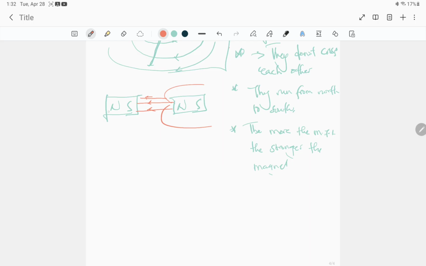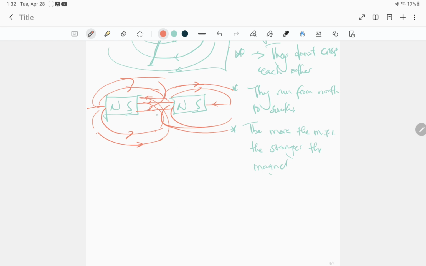Even these ones will be moving like this, coming to south. So that is what will happen when two magnets come into contact where there's a north pole and a south pole. The lines will be moving from north going to south.